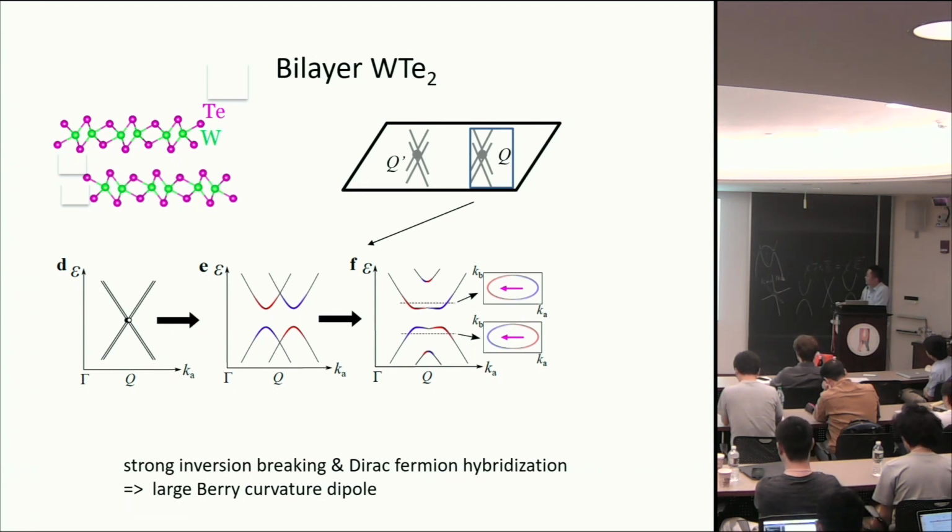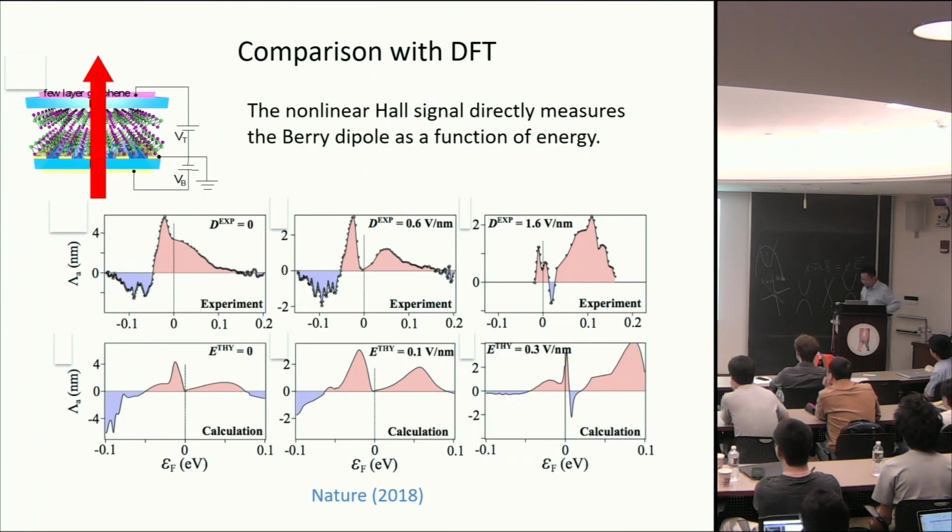And this splitting of the Dirac cone generates the Berry curvature, but also the 2 Dirac cones are offset in k-space, and that gives you a Berry curvature dipole. So this is, roughly speaking, how we get this Berry curvature dipole in the system.